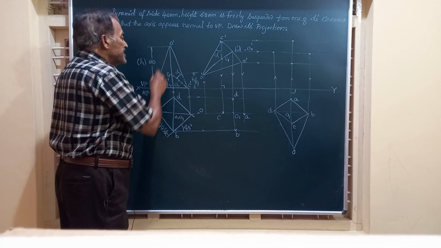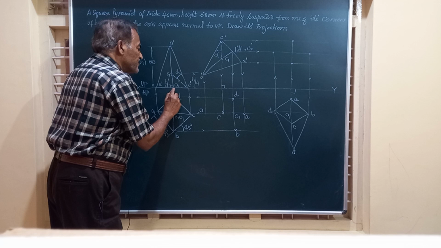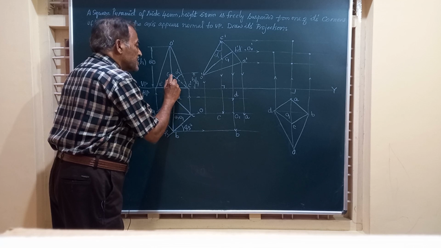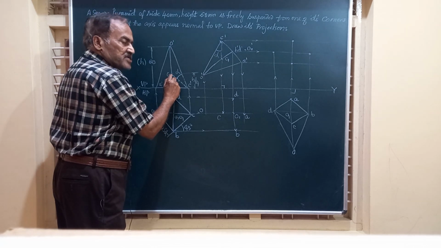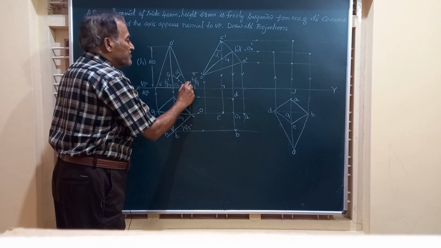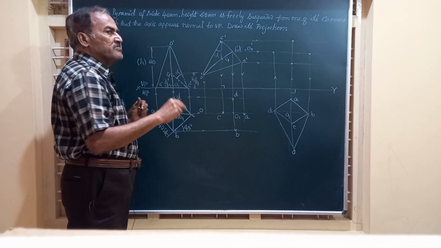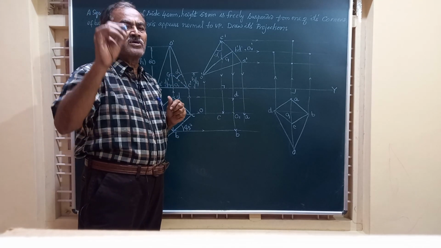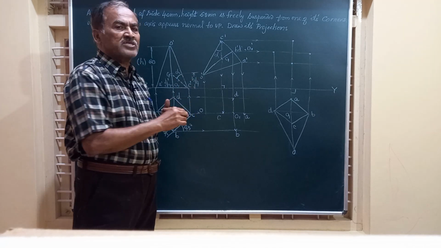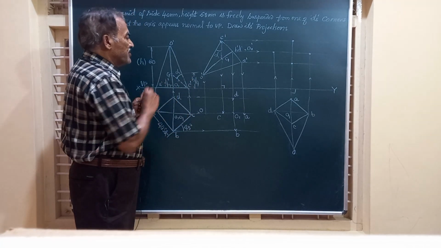That is, if the height is 60 from the bottom face, it will be at a distance of h by 4, that is 60 by 4, that is nothing but 15. Similarly, if it is a case of a cone, you are going to have the same value, h by 4.